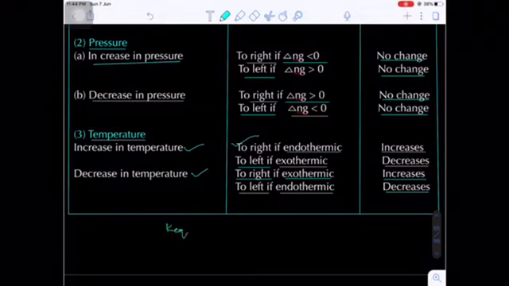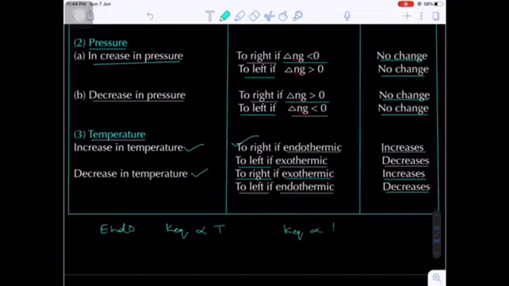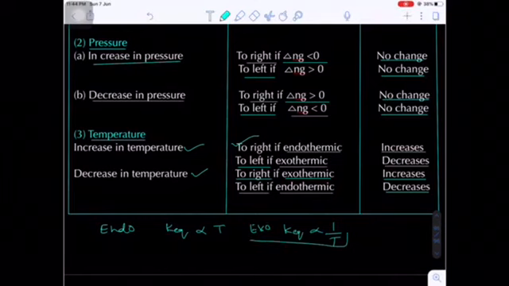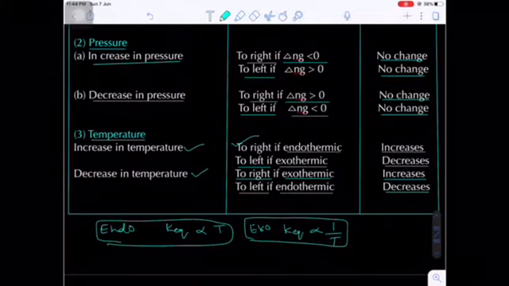That means K equilibrium is directly proportional to absolute temperature in an endothermic reaction, and K equilibrium is inversely proportional to temperature in an exothermic reaction. This is very important. Are you getting my point? Okay.